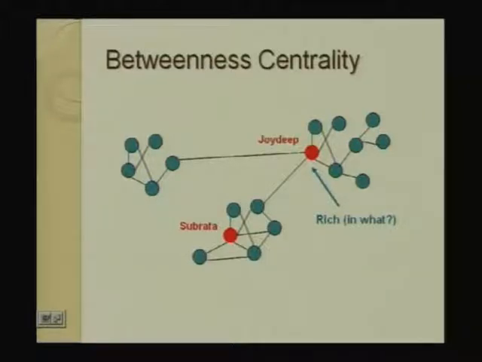I will tell you yes, but in what respect? More powerful in what sense? He is connected to 3 different communities. That is true, he is connected to 3 different communities, but the question is how it helps him.